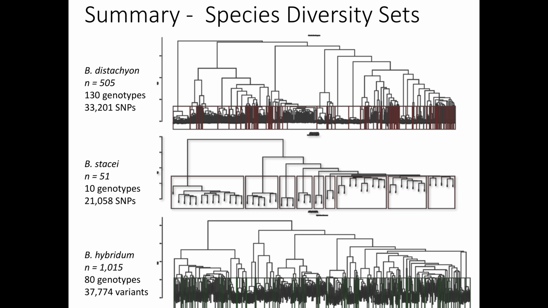So it's very high clonality here. The ratio of accessions to genotypes is more than 10 to 1. Whereas if we look at Stacei, there were 50 samples and 10 different genotypes. So that's a little more diverse, but it's a very small sample, and maybe that species is going to get wiped out. Well, it's a good thing we've got some in the stock center.